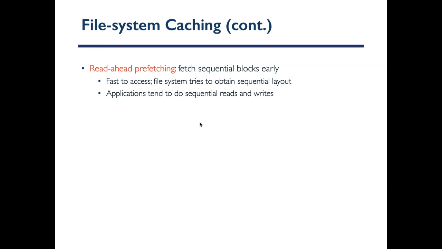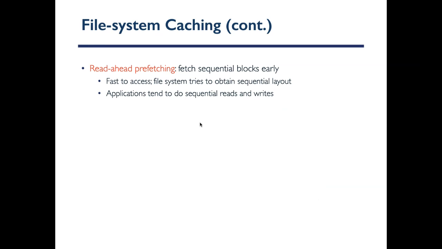The other thing that you have to pay attention to is prefetching. It actually makes a lot of sense with files. Usually, as we saw with file access patterns, when you're reading a file, you usually read sequential blocks.